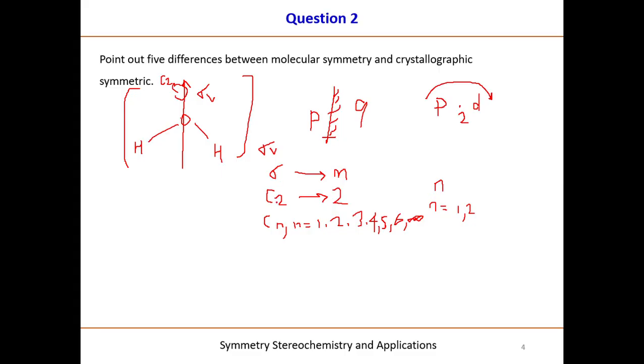As I told you, for C2 we are writing 2. So for Cn axis we are writing n, and n is equal to 1, 2, 3, 4, 6 only.